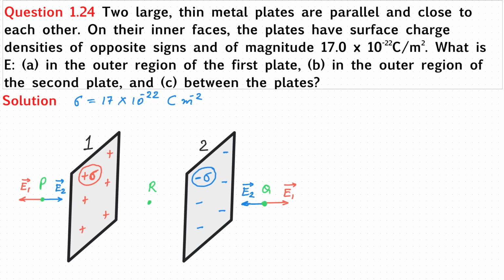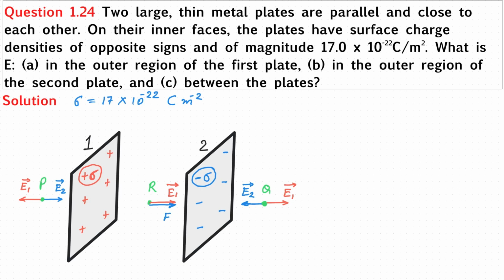Now let us discuss the point between these two plates, that is point R. At this point R, the electric field due to the first plate will be in the right direction, that is E1. You can understand, this is a positive plate, that's why the electric field will be radially outside. But due to the second plate also, the electric field will be in the right side direction only.